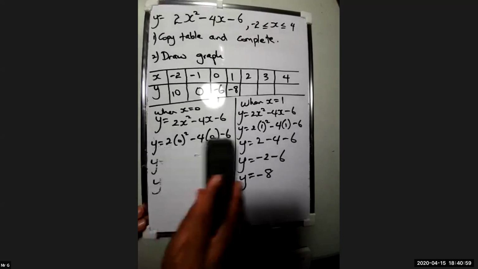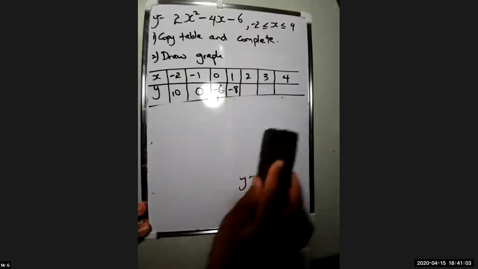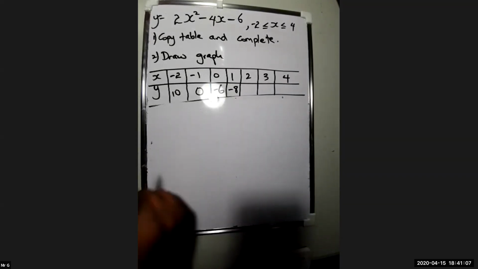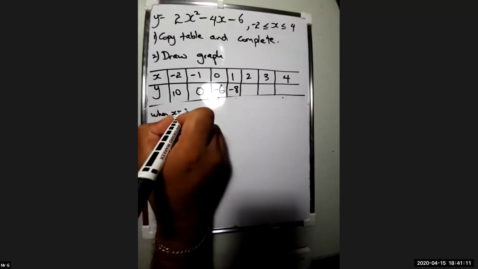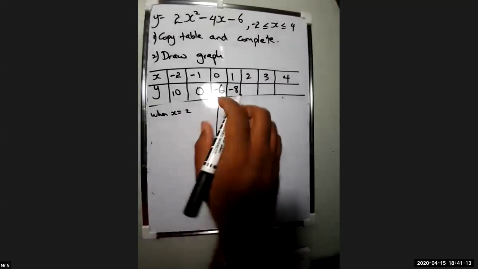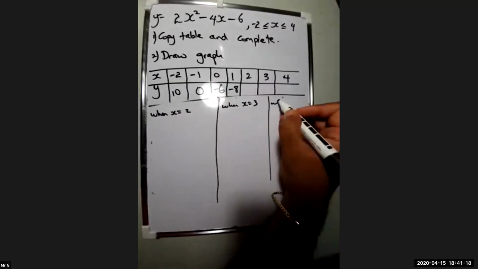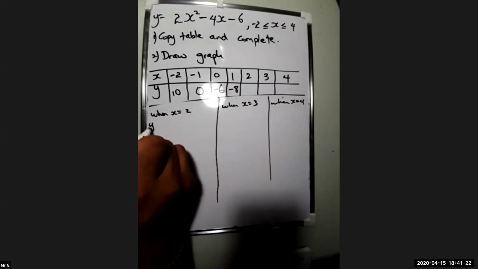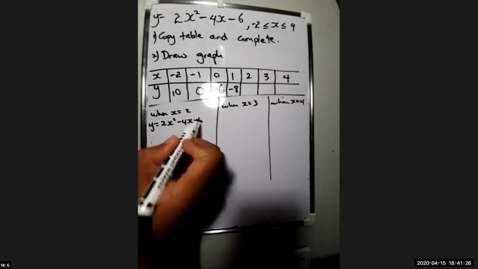Okay, so let's do the others. When x is 2, when x is 3, when x is 4. So when x is 2, y is equal to 2x squared minus 4x minus 6.